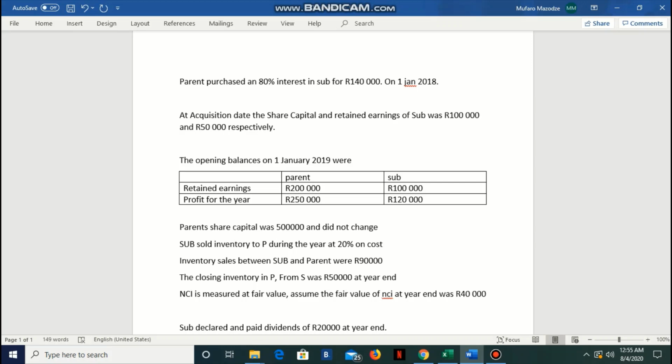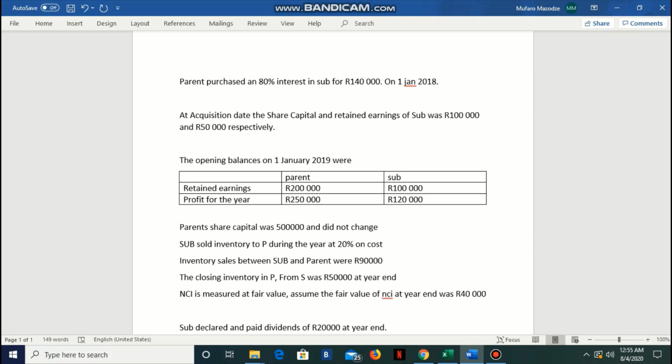So this is an example I made out of my own head. Parent purchased an 80% interest in sub for 140,000 rand on the 1st of January 2018. At acquisition date, the share capital and retained earnings of sub were 100,000 and 50,000 respectively.